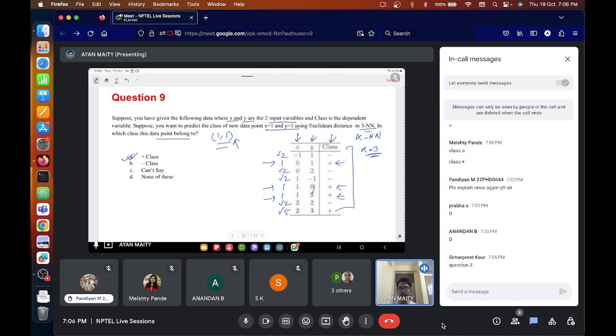Root 2 and root 5 are higher than 1. So these are the three closest points, and the classes of these 3 points are positive, positive, and positive. So there is not a single negative point in its neighborhood. So the class is certainly positive for the new data point (1,1).